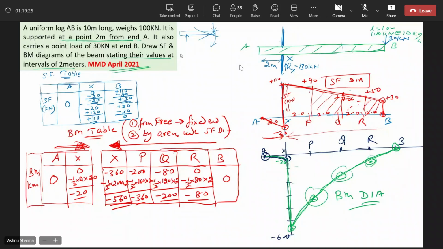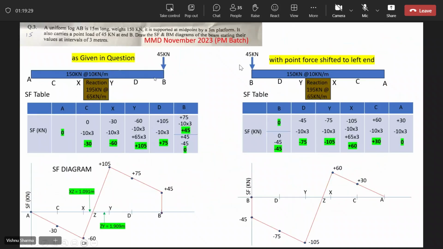And they came with this question, which I have digitized. Read this question. It's a November 23 PM batch. Some of you may have seen it, I don't know.